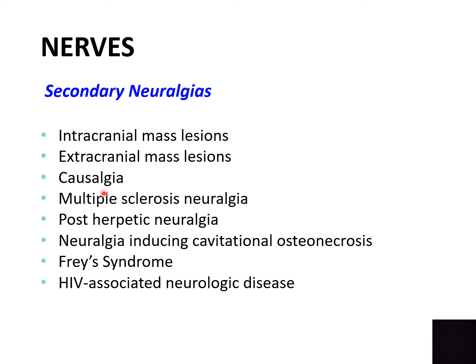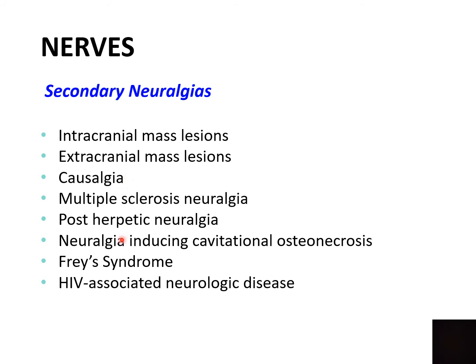Causalgia is a condition which results from trauma to the nerve. So, for example, if you were undertaking a surgical extraction of a lower premolar and you damage the mental nerve, during healing, the nerve tissue may develop into a disorganized mass, what we call a traumatic neuroma, and it can lead to neuralgia-like symptoms.